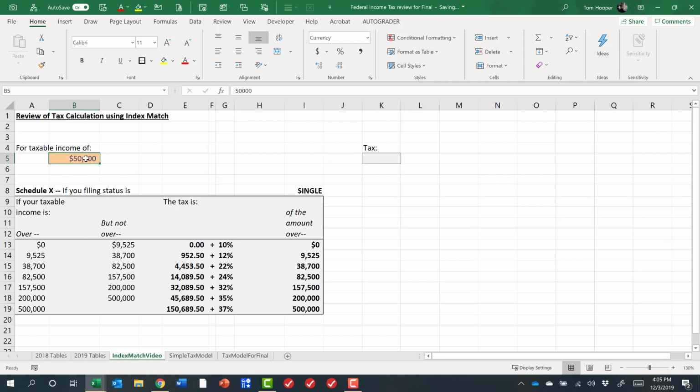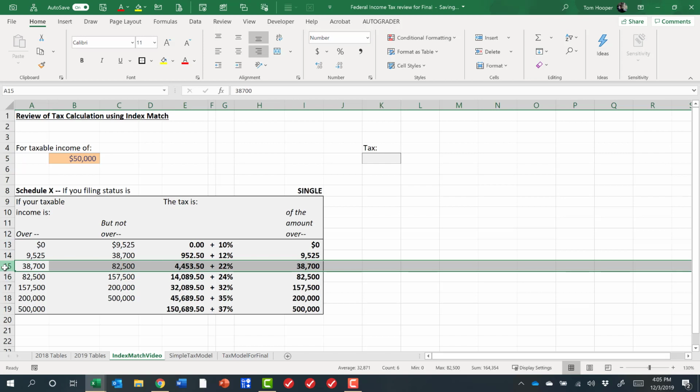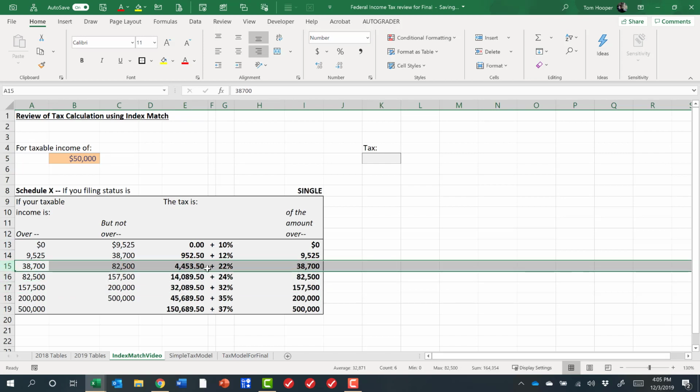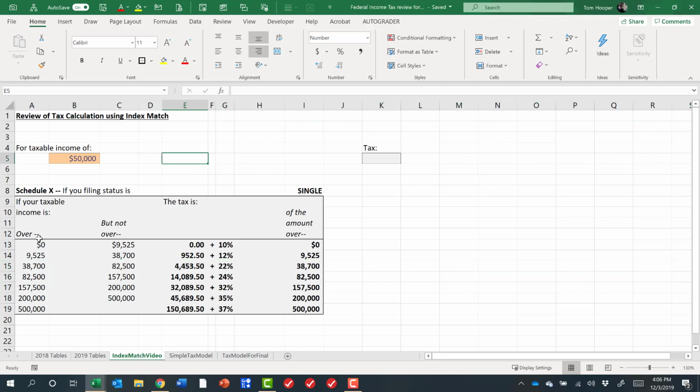And we know we need to look at that income and decide which row we need to be on this table. You may even recall from Module 1 that we use the match function to do that. So if I knew that I wanted to be on the third row of the table, because 50 is over 38 and not over 82, I started with just a match.